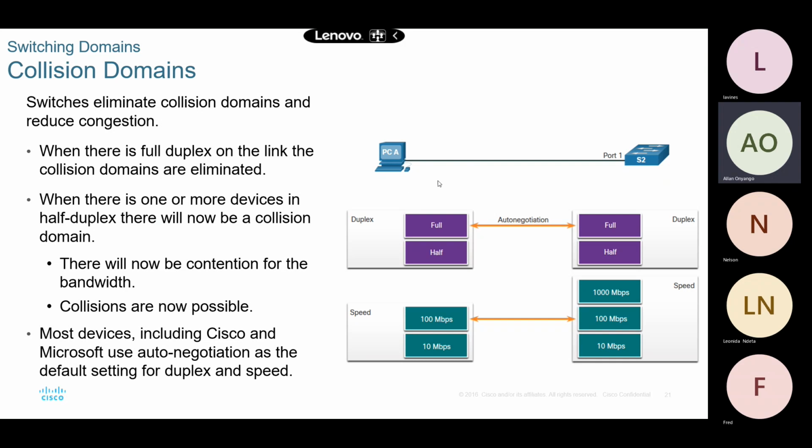Most devices nowadays work on full duplex, except hubs, which are legacy devices, and wireless networks, which also work on half duplex. Wherever there's half duplex communication, collisions will occur, and that's what we call a collision domain.